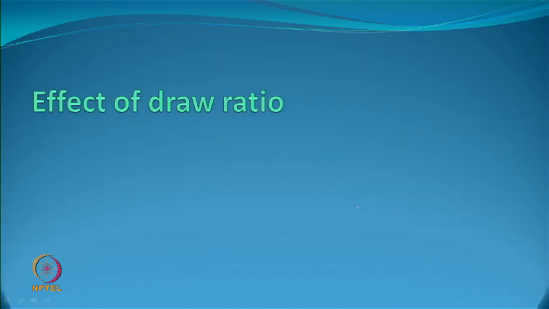So, the next parameter which you have some control on is the draw ratio. The draw ratio basically is dependent on what? It is dependent on the residual draw of the POY. So, you do not have too much of a choice here. You can't say, well, I will do only half the draw ratio.